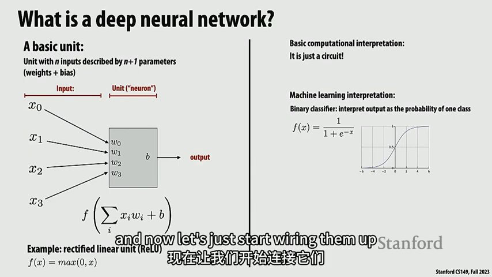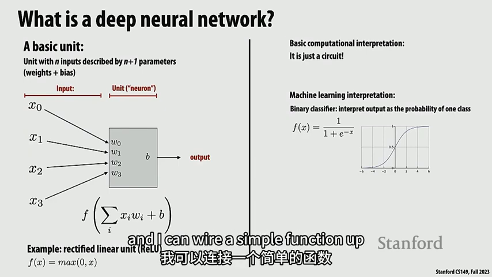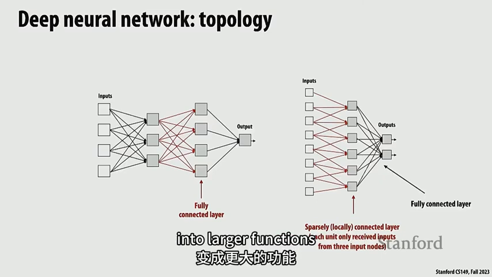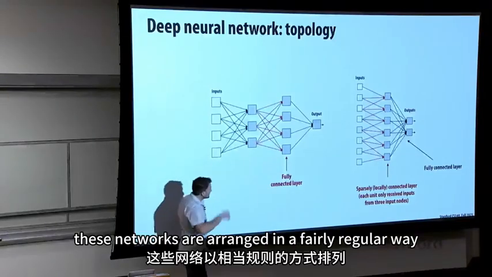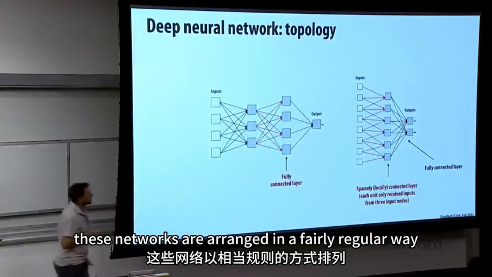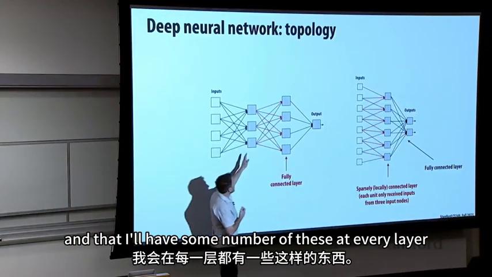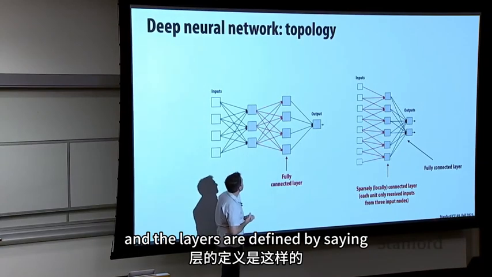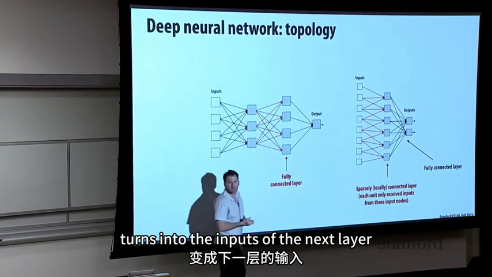Now let's start wiring them up, because we're computer scientists. I have a little function, and I can wire a simple function up into larger functions. Often these networks are arranged in a fairly regular way, with some number of these neurons at every layer, and the layers are defined by saying the output of this layer turns into the inputs of the next layer.